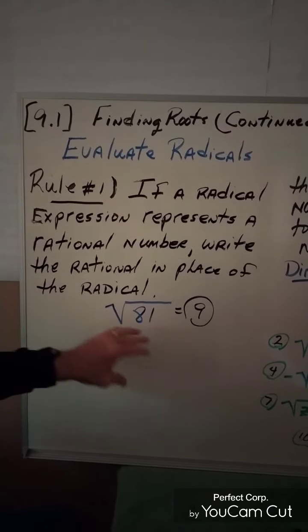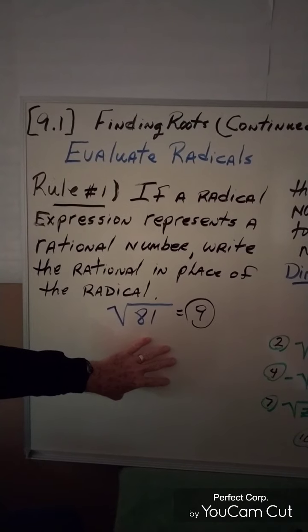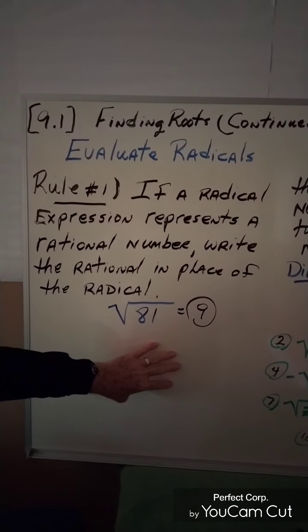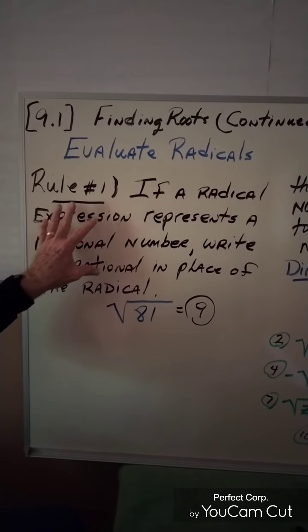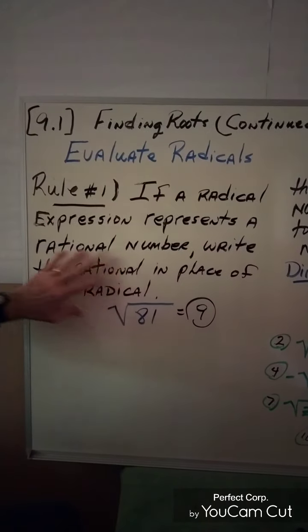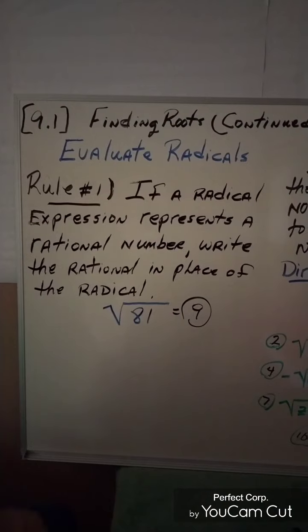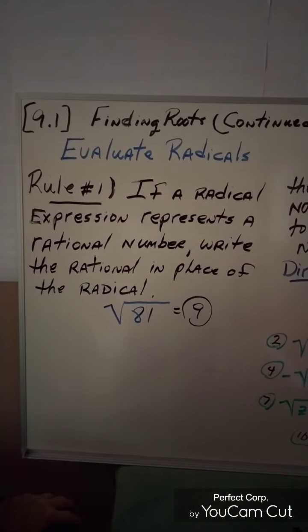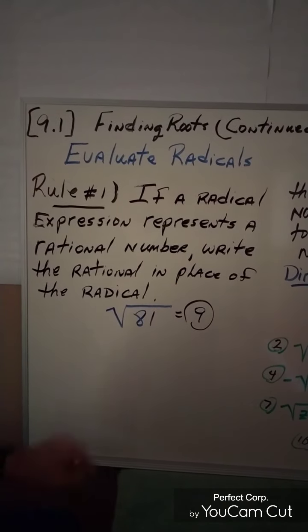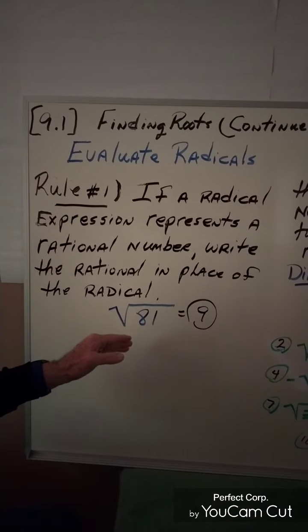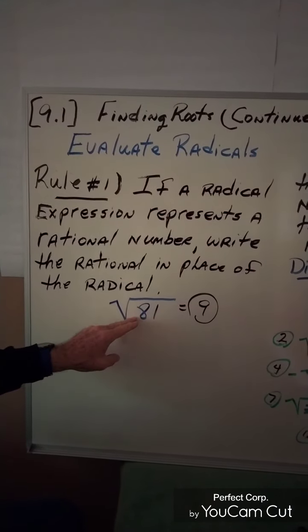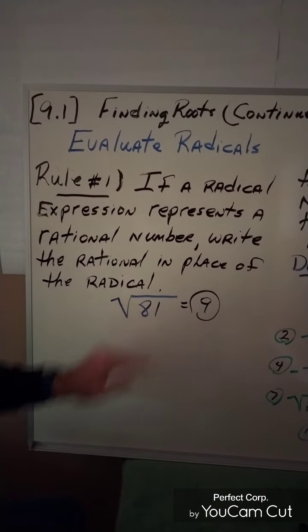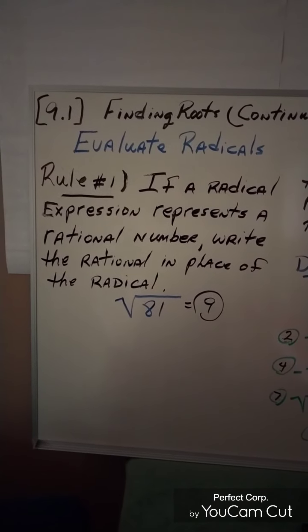So in the problems that we're going to be looking at now that will complete 9.1, they are all, for the most part, going to follow Rule 1. If a radical expression represents a rational number, we're going to write the rational number in place of the radical expression, or instead of the radical expression.